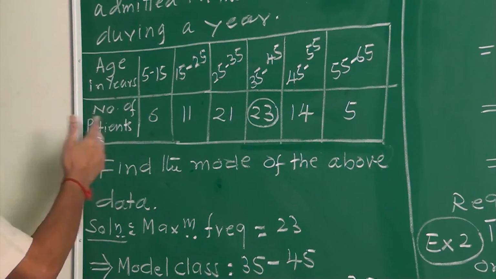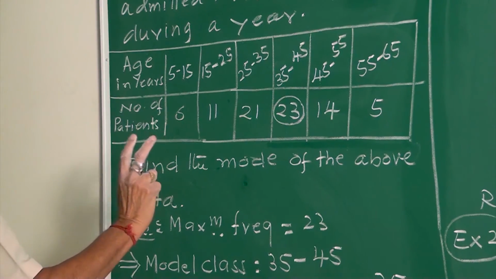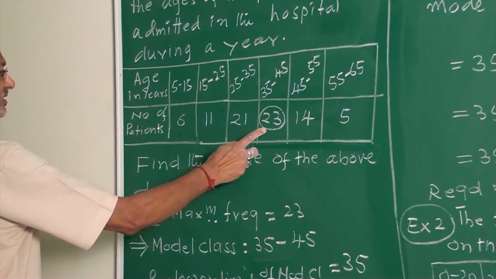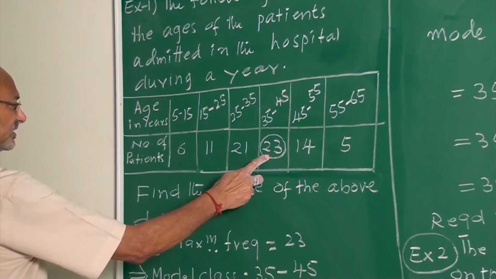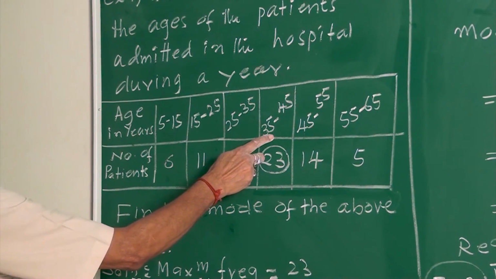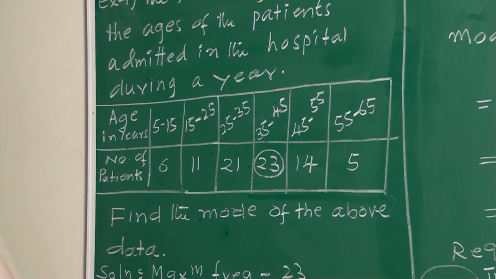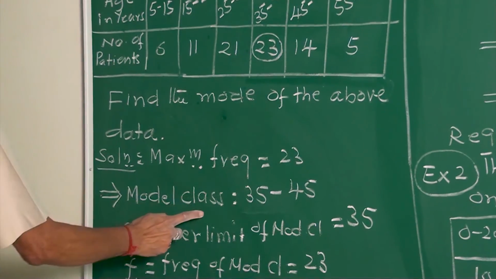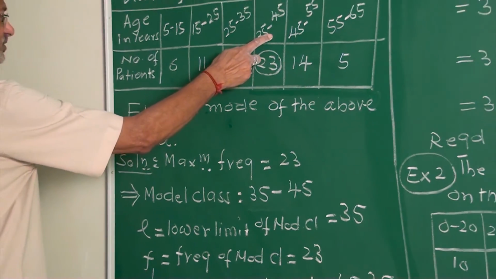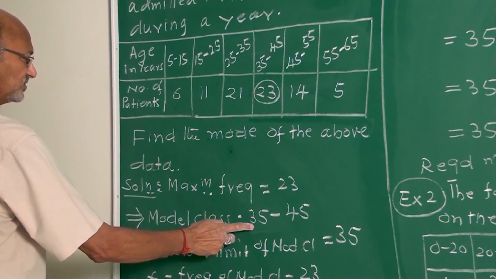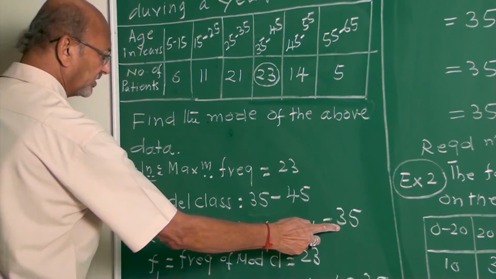There is no table of calculations here; it is a very simple example. What is your observation? The maximum frequency is 23. What is the corresponding class? 35 to 45. It is called the modal class. Its lower limit L is 35.